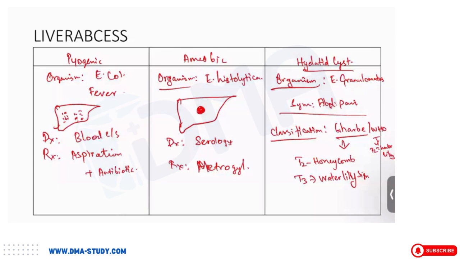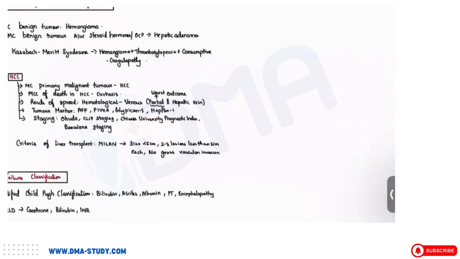They never ask without a classification. Clear? If it is Gharbi, water lily is T3. If it is WHO, water lily is T2. Honeycomb is only seen in Gharbi, which is the T2 stage. Clear? Yes, sir. Okay. So the organism is Echinococcus granulosus.